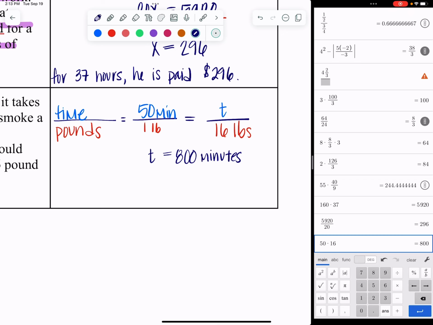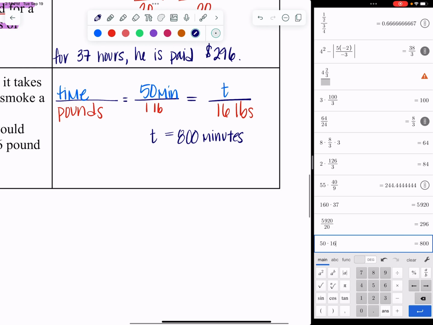Now, I don't know if you are really good at converting minutes to hours. I don't have a good feel for how long 800 minutes really is. So I am going to convert that to hours and minutes to see what I'm really looking at here.